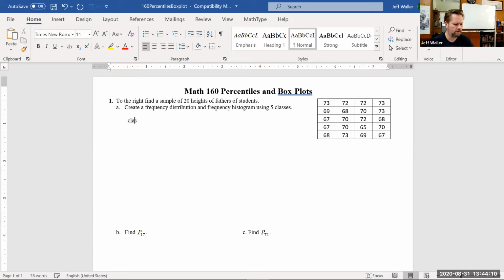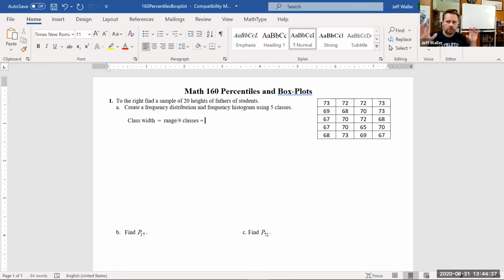So I want to use 5 classes. So how am I going to figure out the class width? It would be the range divided by the number of classes.